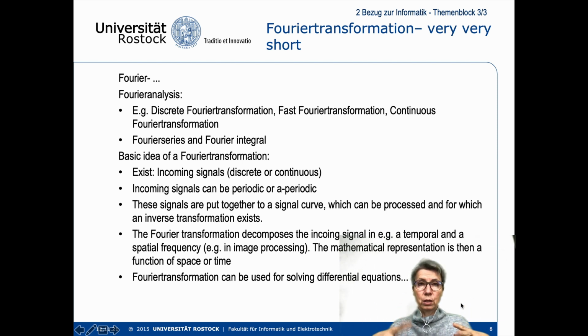You, as a human being, and the computer can work with this representation, and it can be mapped and shown visually, and it's also the basis of most visual analysis processes. Also, Fourier transformation can be used for solving differential equations, for example.